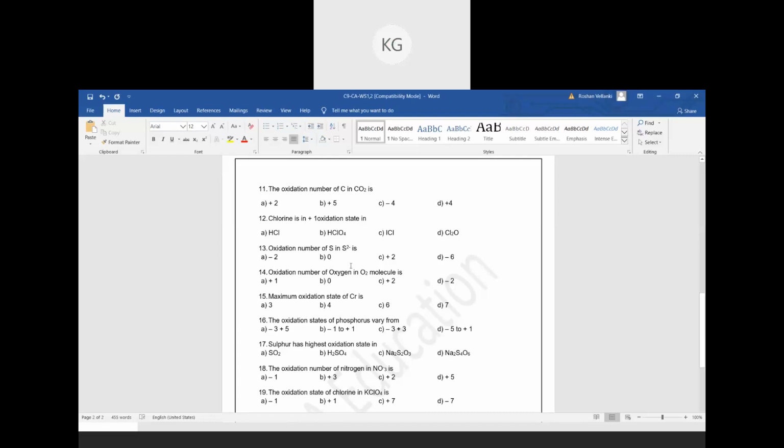Hydrogen is +1, chlorine X, minus 8 equals 0.